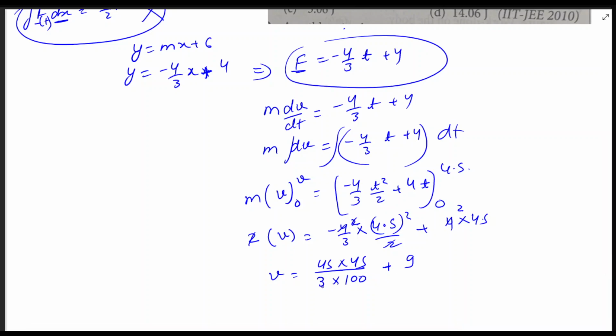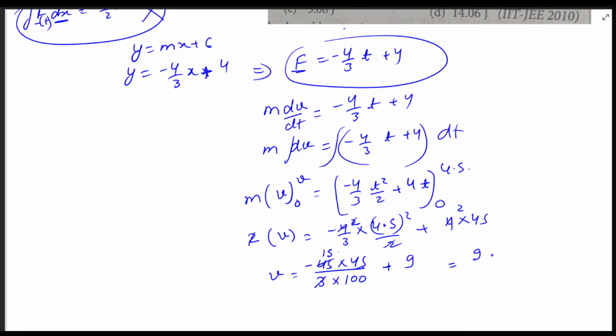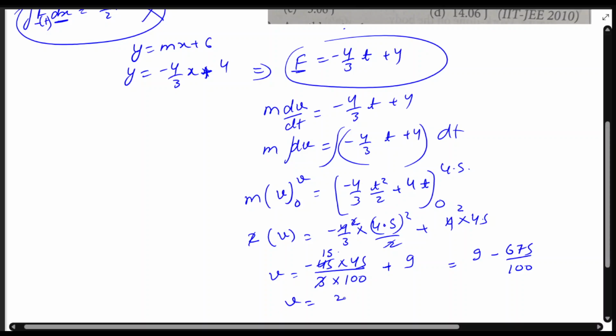So we will have 15, and this is a minus, so we'll get 9 minus 15 into 45 divided by 100 times 3. So v as 225 by 100.